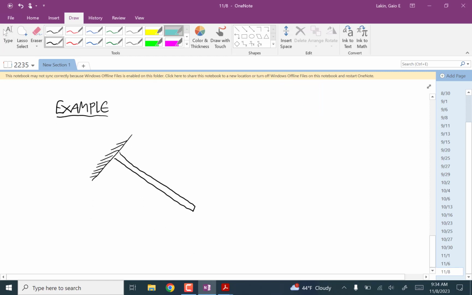And then at the midpoint, I'm going to have a force straight up of 500 newtons. And then at the end, I'm going to have a force straight down of 500 newtons. We're going to neglect the mass, and this angle is 50 degrees. And we want to calculate the internal loads.